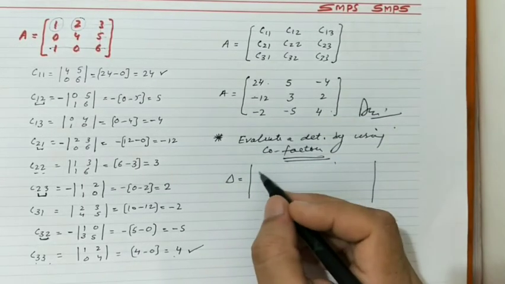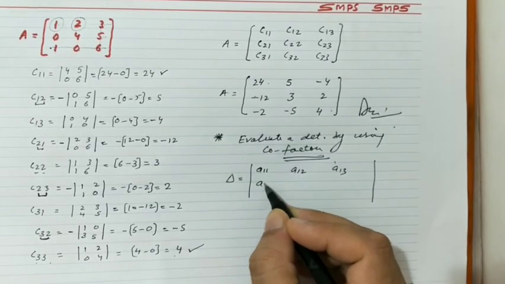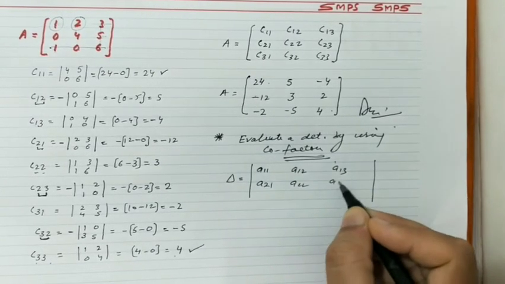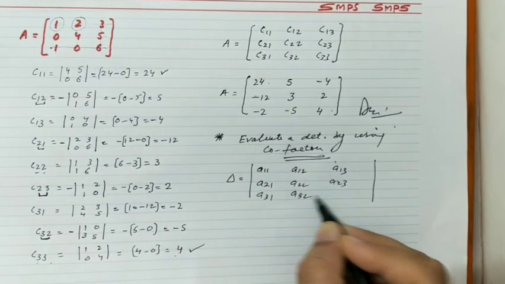There is a determinant A11, A12, A13, A21, A22, A23, A31, A32, A33.